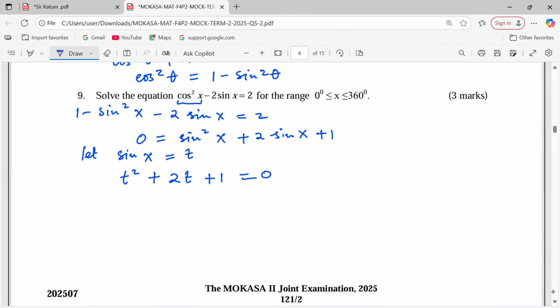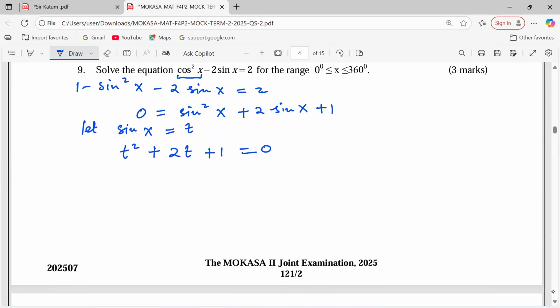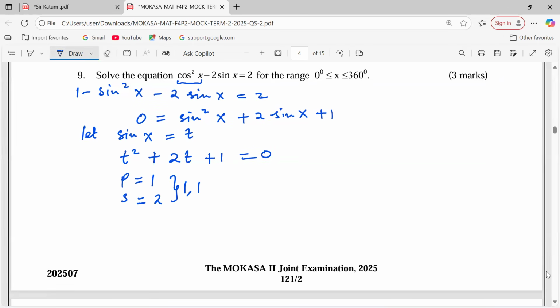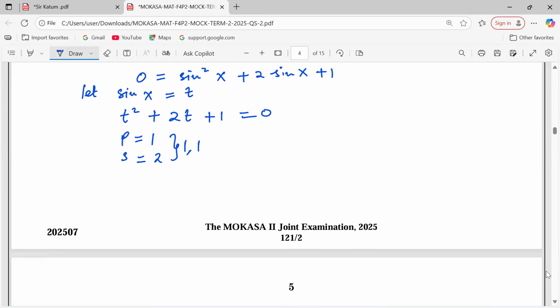If this is so, then now we can solve our quadratic equation. When we solve it, we'll be having a product of a times c, which is 1, and a sum, which is equal to 2. So this should be 1 and 1, multiplied to give us 1, added to give us 2.